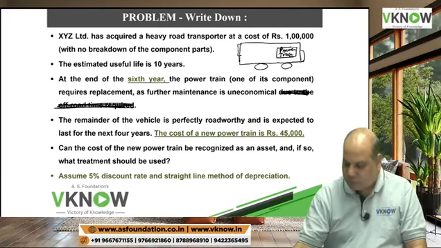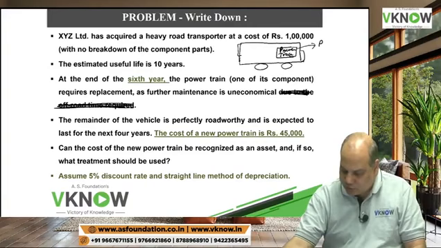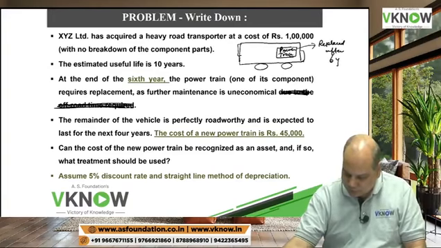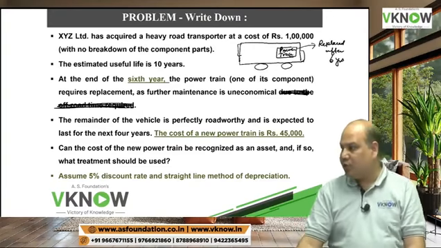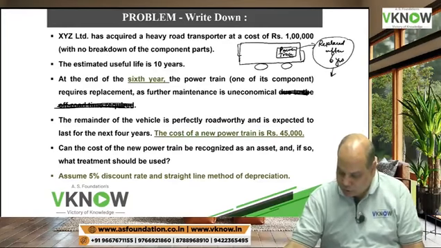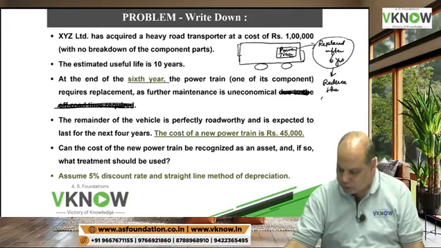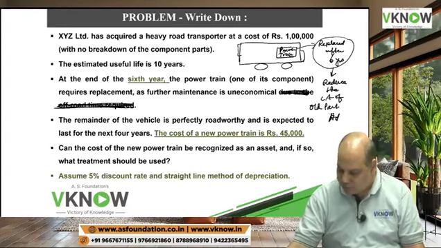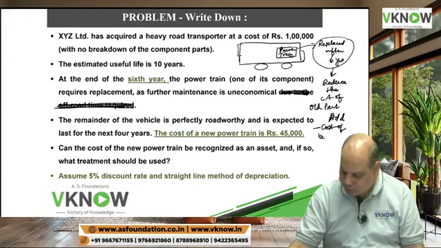This needs to be replaced after 6 years. So what does the student have to do? The student has to reduce the carrying amount of the old part, and add the cost of the new part.